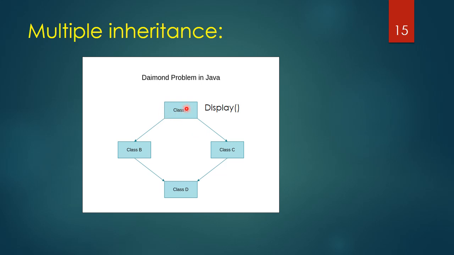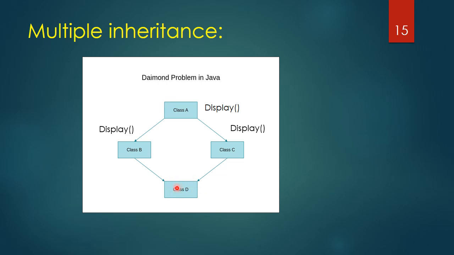We call this the diamond problem because the structure looks like a diamond. So assume that class A contains one method display, and display is the method of class A. Since class B and class C are the subclasses, these two classes can get this display method. Now one version of the display method is with class B, another version with class C. Now these two are the superclasses, and class D becomes a subclass.